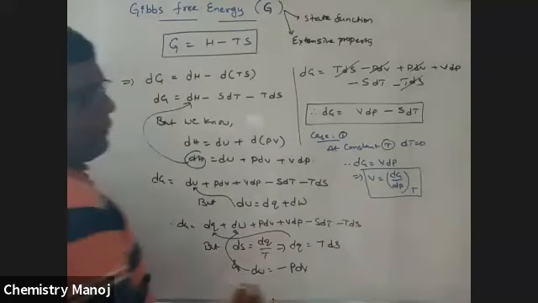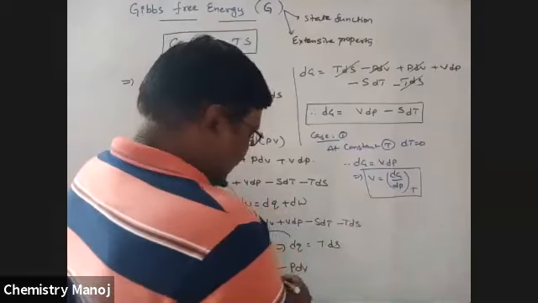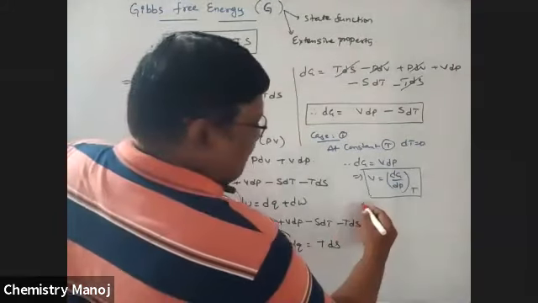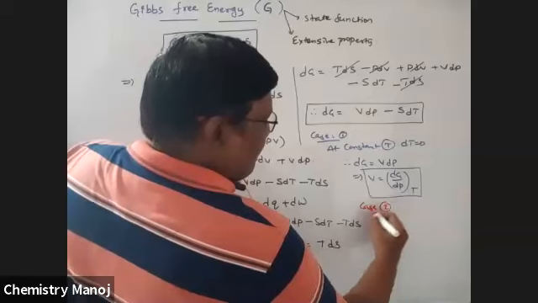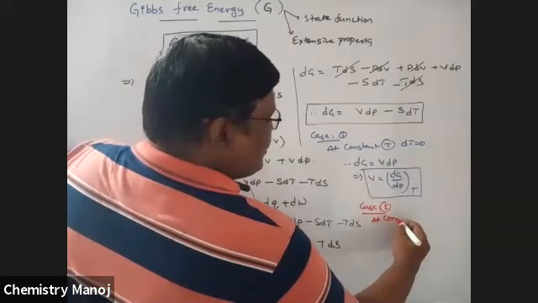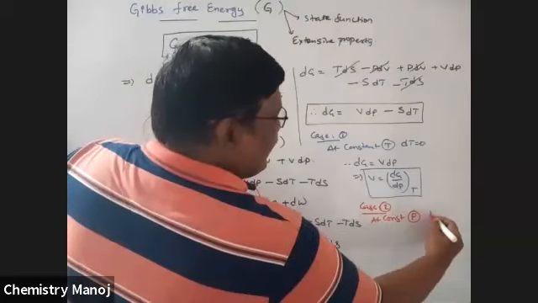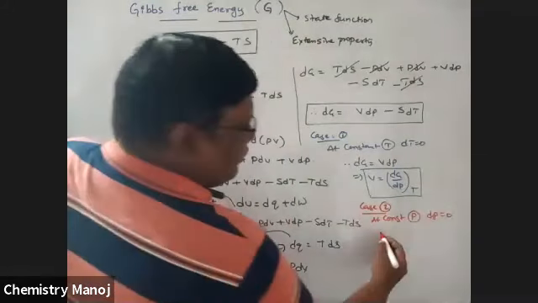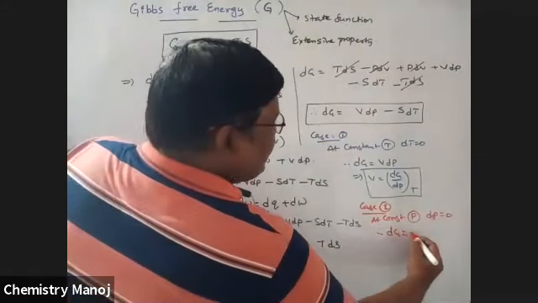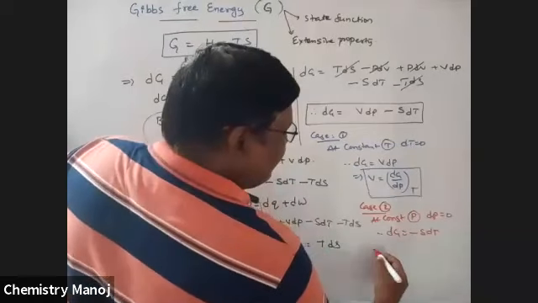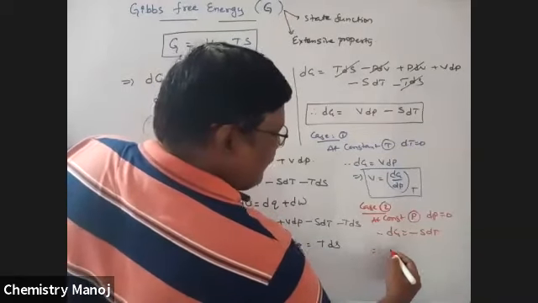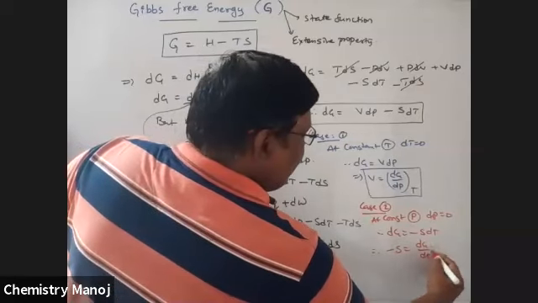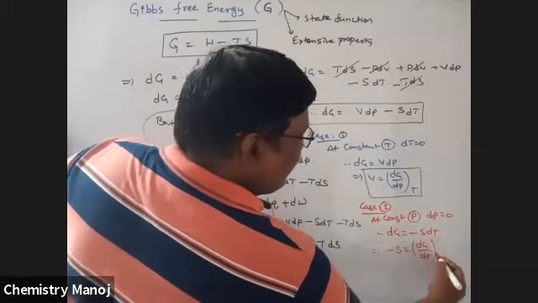Next, case 2: at constant pressure, that is dP is equal to 0. That means this term goes to 0. Therefore, dG is equal to minus S dT. Therefore, minus S is equal to dG by dT at constant pressure.